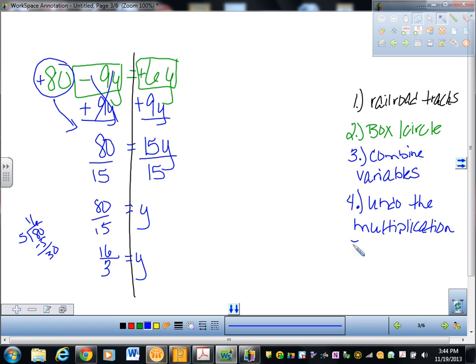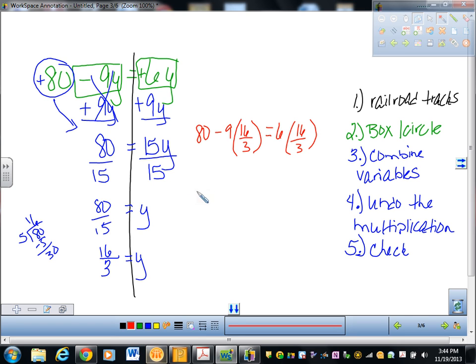So our fifth step is going to be our last step, and that is to check. So let's check. We're going to substitute that 16 thirds. So we have 80 minus 9 times 16 thirds equals 6 times 16 thirds. Okay?